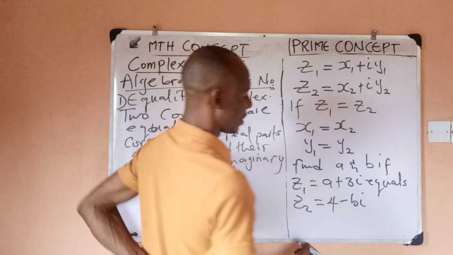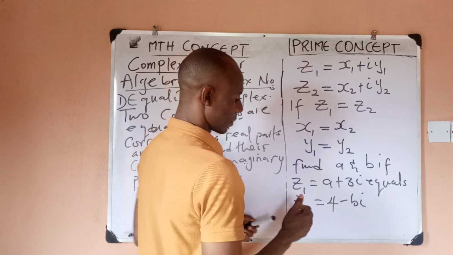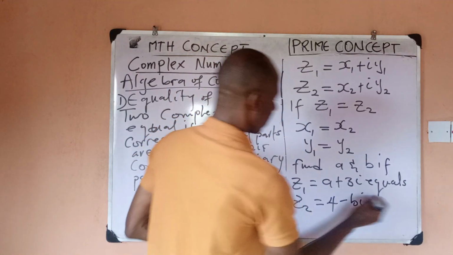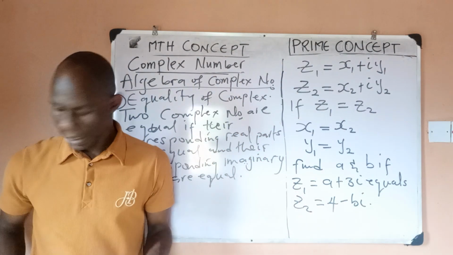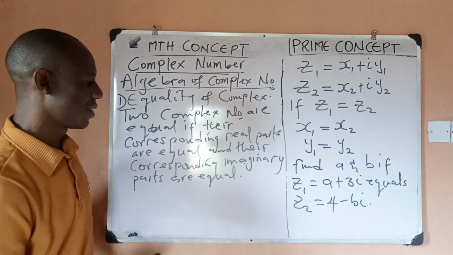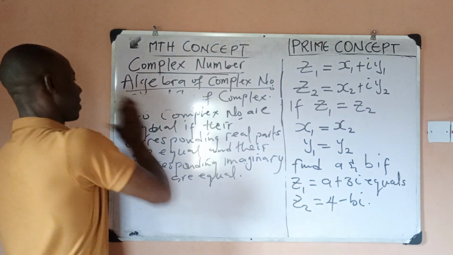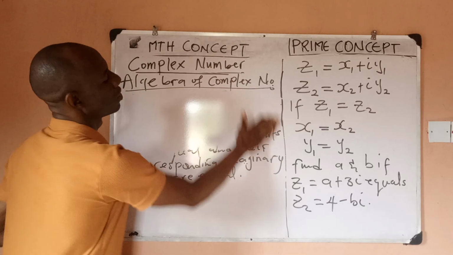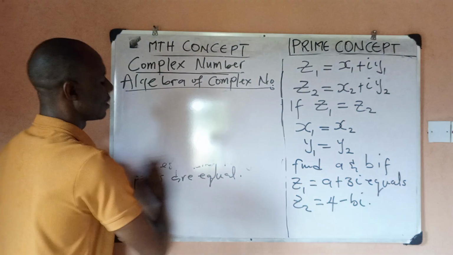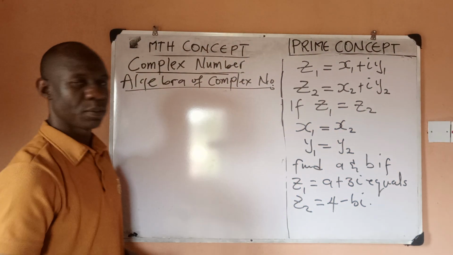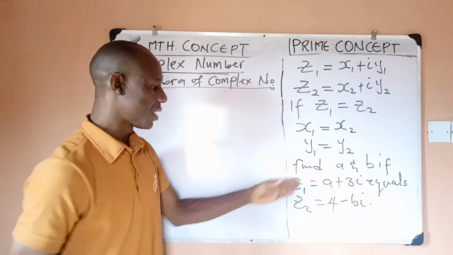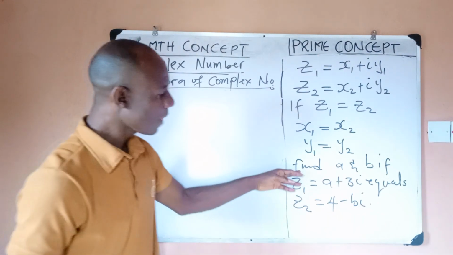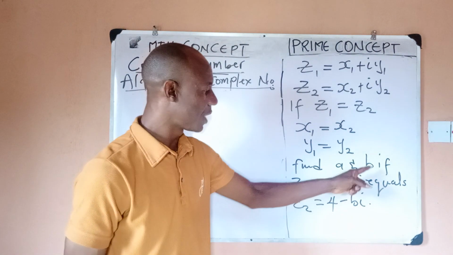We want to see how we can find a and b in this question. It's very simple to tackle. If you have done it already, you can pause the video, drop the answer, and then play it and check if you are correct. The question says, find the value of a and then find the value of b.